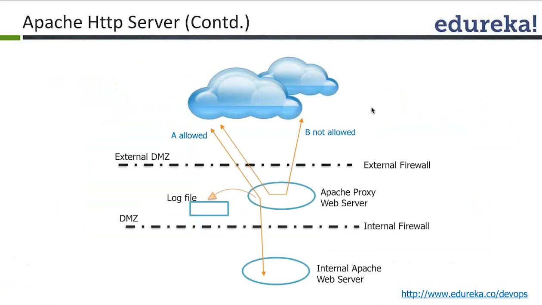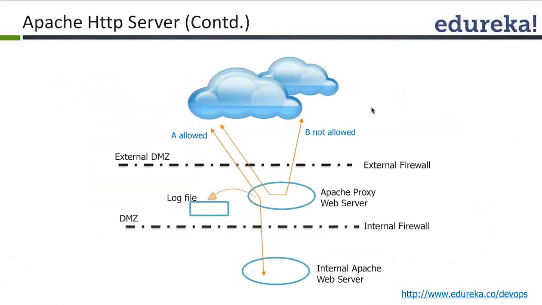Okay, so the whole idea of having a web server is definitely to do some kind of content serving. Now, for this content serving to happen, we have to integrate this with DNS. Otherwise, we'll have a problem, right? That's what we have seen.